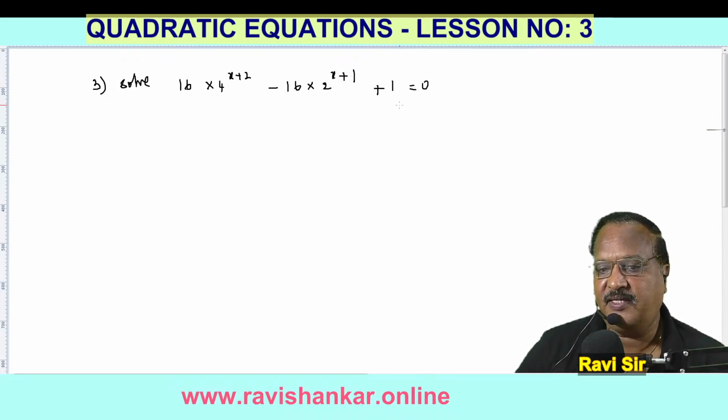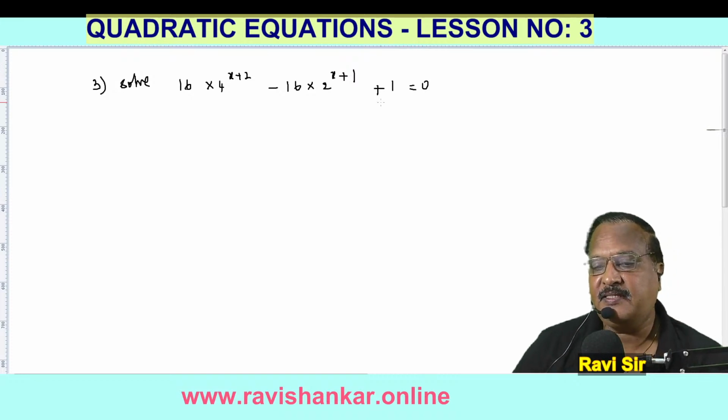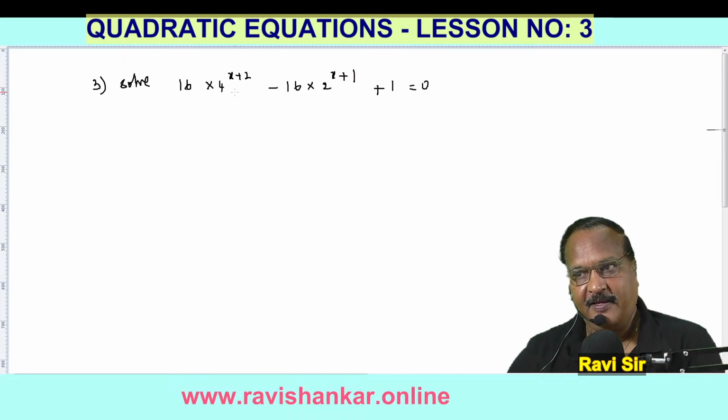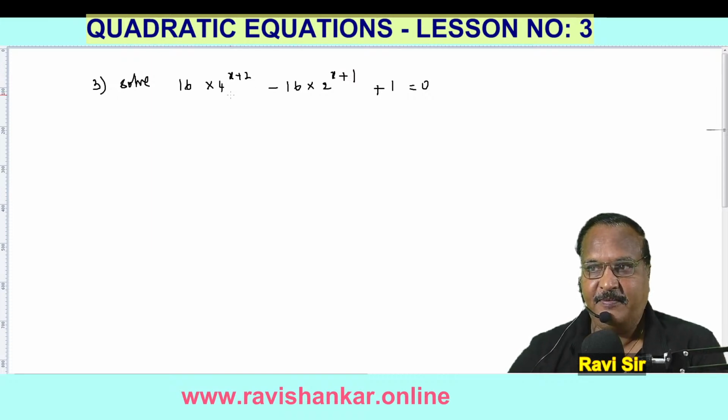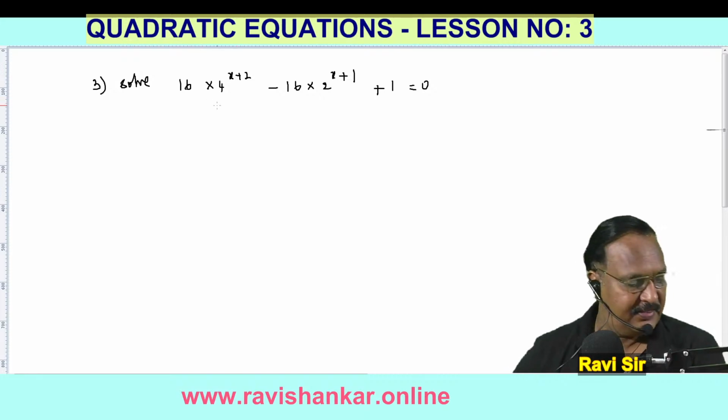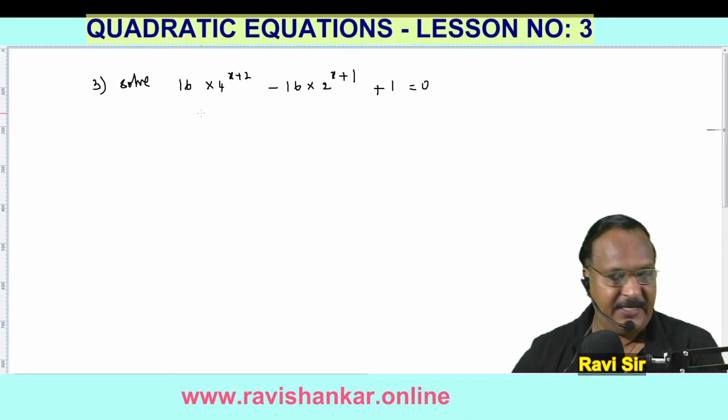This is an exponential equation, but we have to reduce it to a quadratic equation. This topic for term 2 is excluded, that means removed. But still, let me explain it simply.